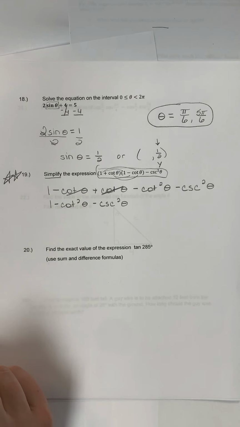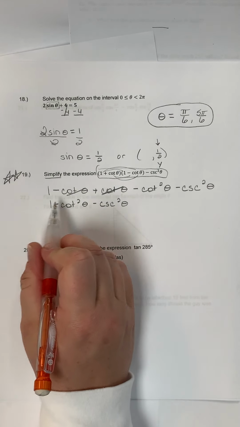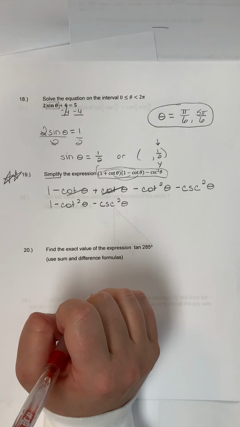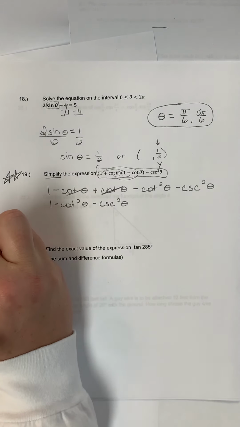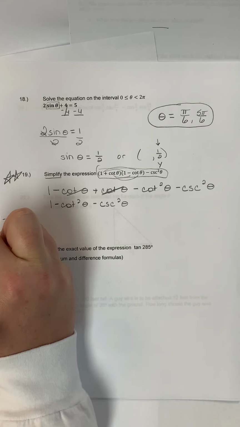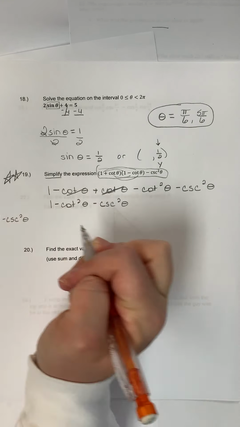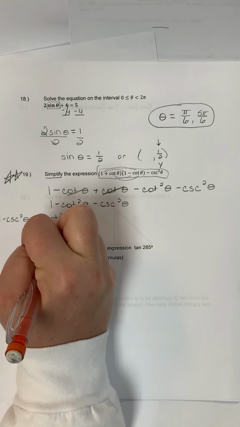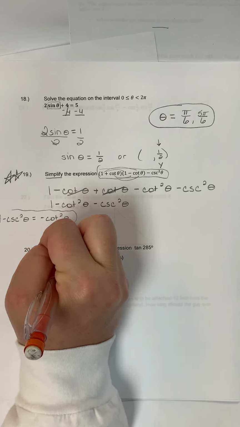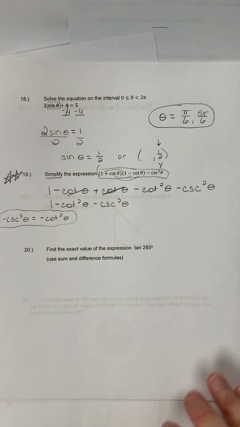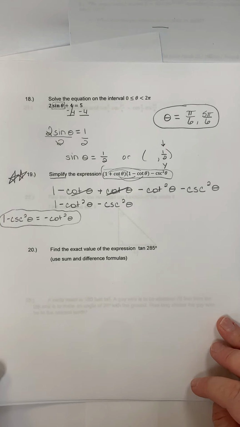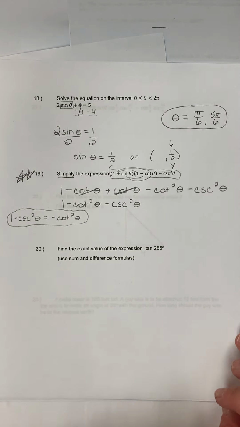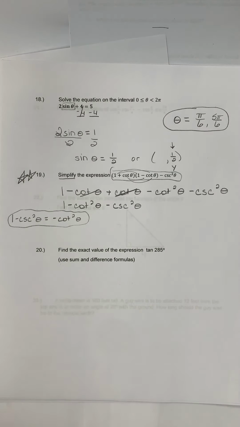Okay, well, if you look at this and feel like a Pythagorean identity could help you, then you are correct. The Pythagorean that you're looking for looks like this. It's kind of strange. I had to rearrange it, but this is the Pythagorean that you're looking for. Okay, the 1 minus cosecant squared theta equals negative cotangent squared theta.